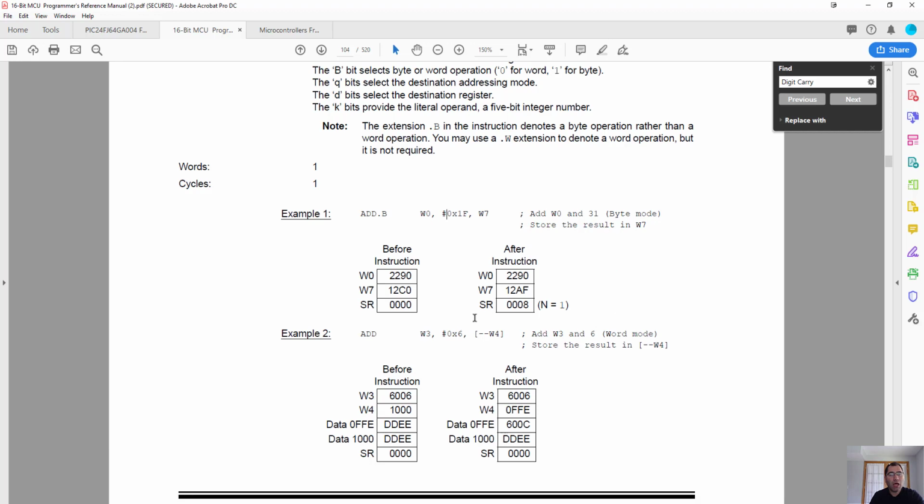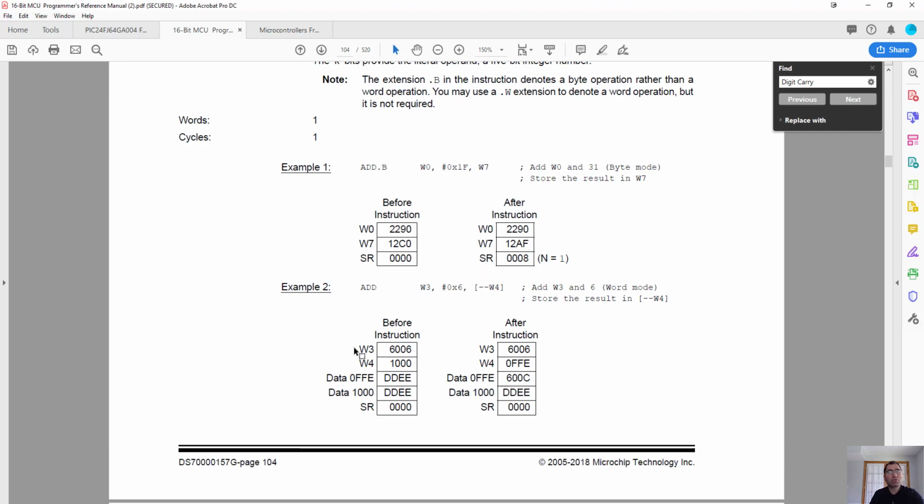Okay, so that's the opcode part, and let's also see what's happening internally, in the working registers, in the memory, and so on, and how this indirect address, pre-decrement indirect addressing works. This is before the instruction is executed, right? So we have W3 and W4, and then these memory locations.